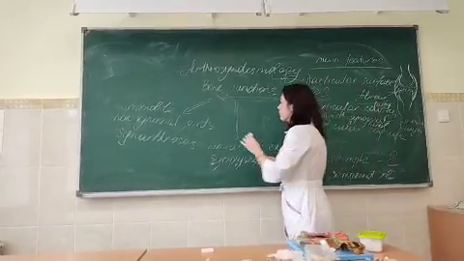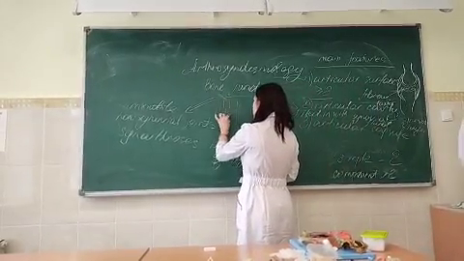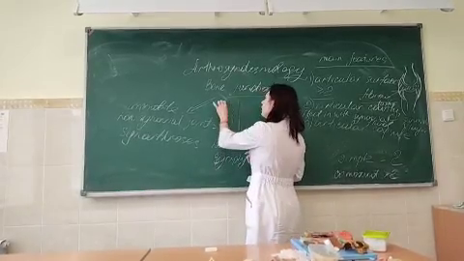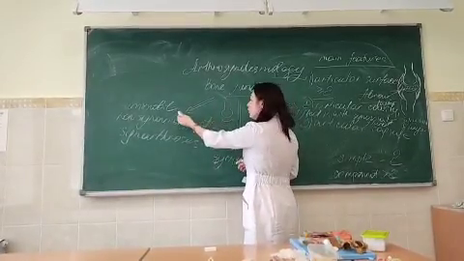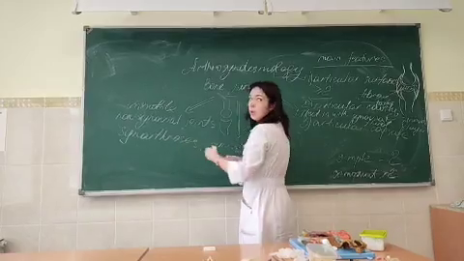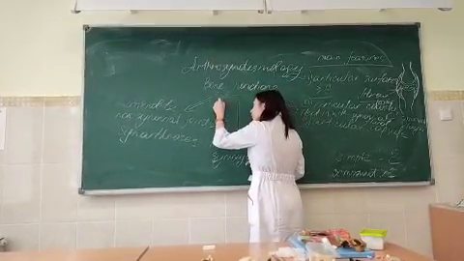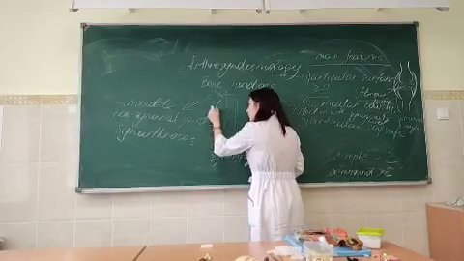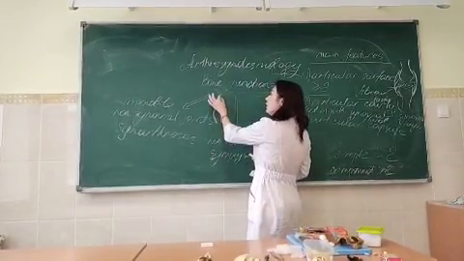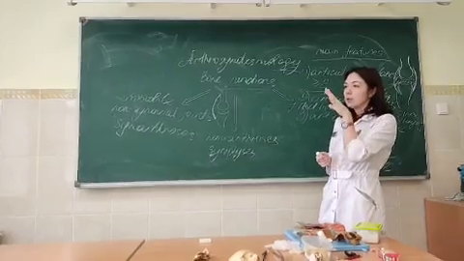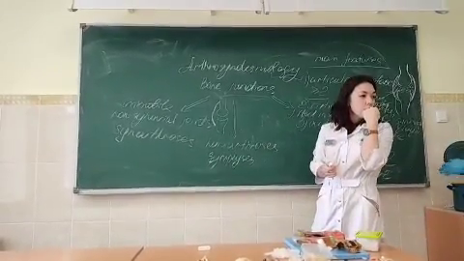There is one bone, another bone, and a ligament, for example, is an example of a non-synovial joint. It starts from one bone, goes to another bone, and that's it. Certainly, ligaments, for example, have a slight elasticity.